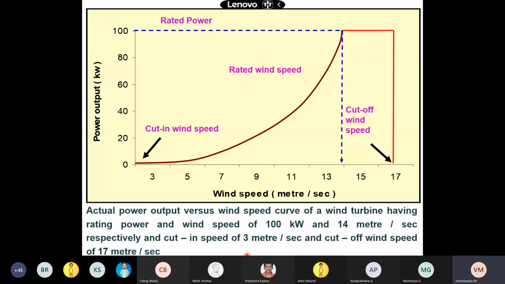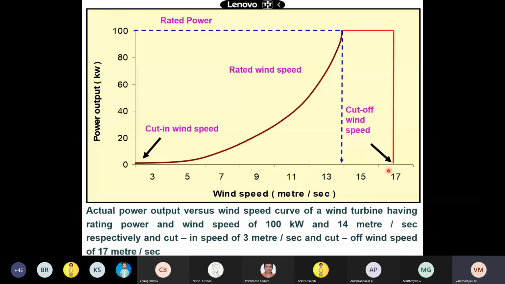See here the actual power output versus wind speed curve, with rated power of 100 kilowatt at 14 meters per second of wind speed, and the cutoff at 17 meters per second.